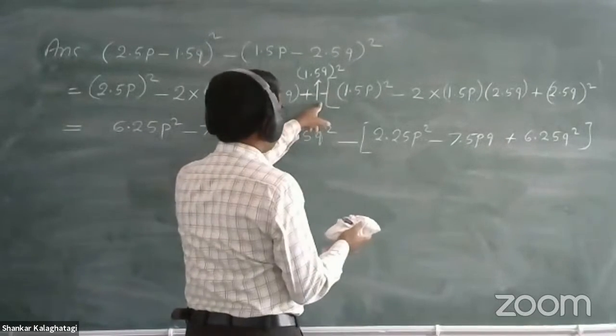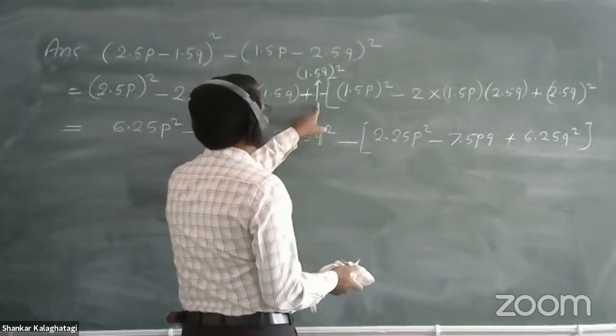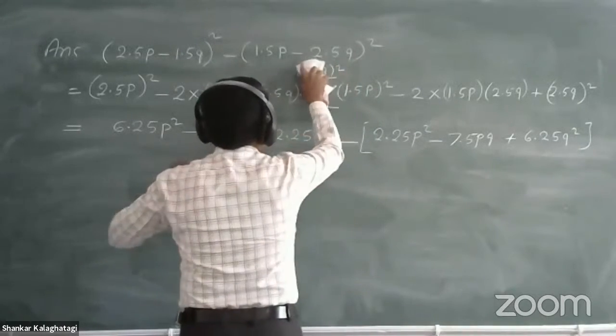It confuses. 6.25. Is this confusing, or shall I write it once again?